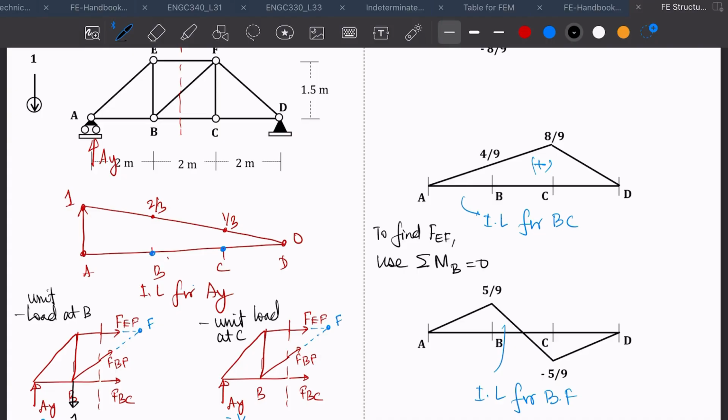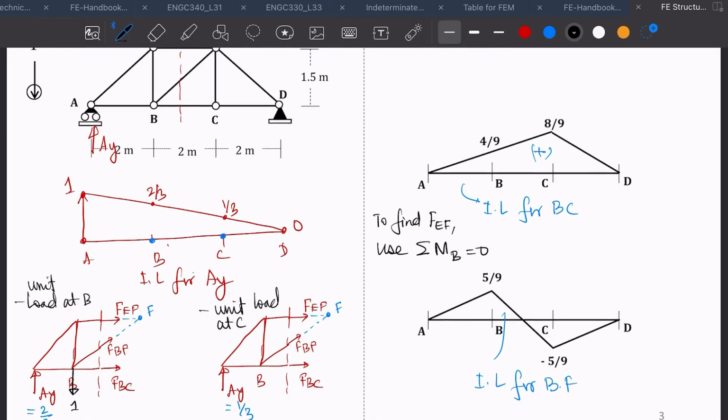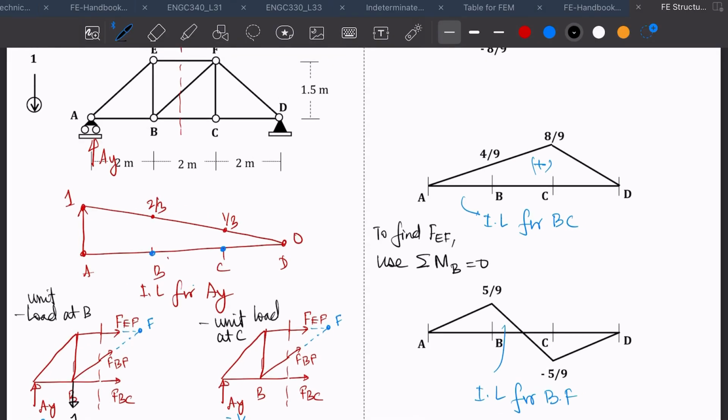Why? Because you'll see that if I take a summation of moment about B, these will not produce any moment. So the only forces that will produce moment are FEF and AY. And if I want to find FEF, I know the value of AY. So if you take a moment about B, you'll see that FBF and FBC will be 0 because they won't produce any moment. So that's a trick for finding the influence line or the force for EF.